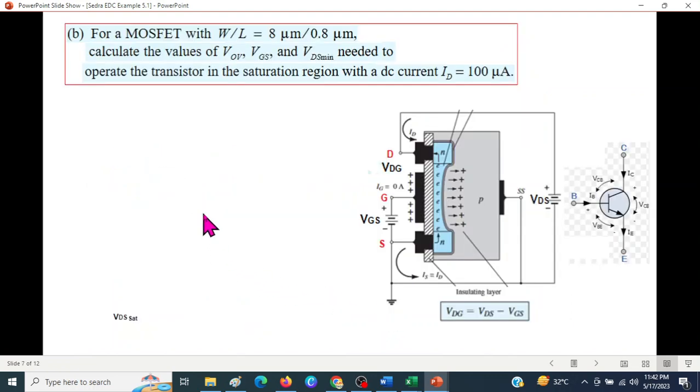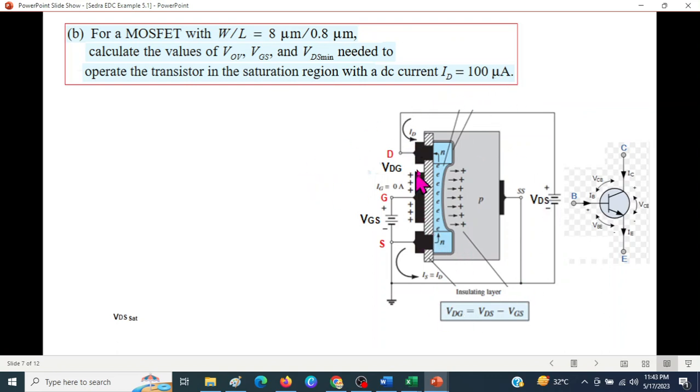Now let's go to the part B. For the MOSFET with W over L 8 micrometer over 0.8 micrometer, we have to calculate these three parameters: VOV, VGS, and VD minimum. So we'll discuss what are these. To operate the transistor in the saturation region with ID is 100 microampere.